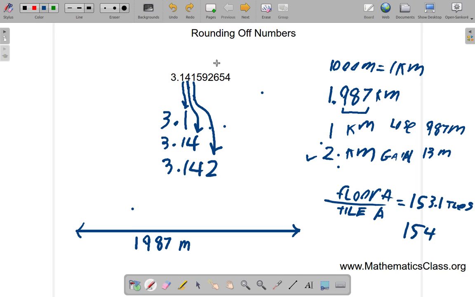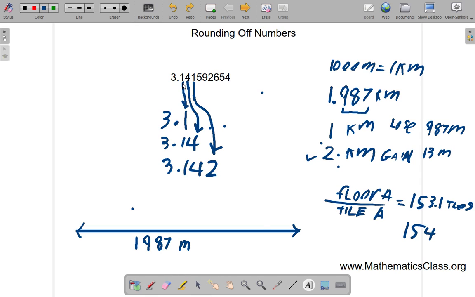But generally, when you talk about rounding off, most of the situations you meet are ones where you can play around with the number as you want. You're not forced to round up like in the tile situation. But basically, you obey that rule for accuracy.